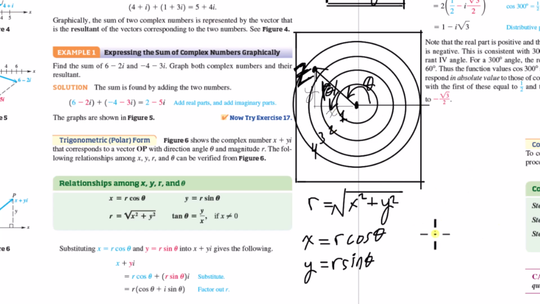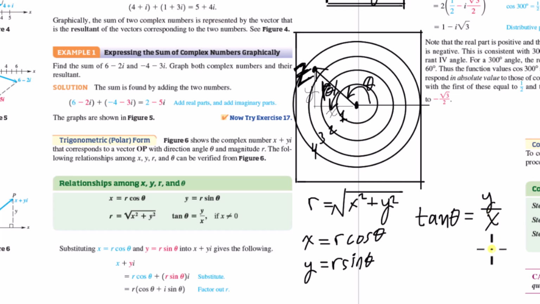We can say something like tangent of theta prime is y over x, or maybe we want to keep this limited to just x, y, r, and theta. So we could say tangent theta is y over x, talking about this theta. That's useful. We would get a positive or negative ratio.